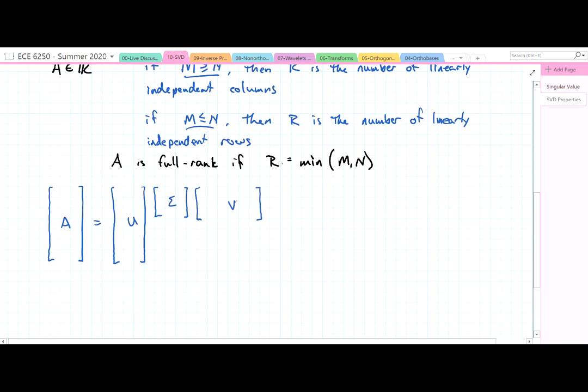So in this example, this might be 6 by 3, 3 by 3, and V would be 4 by 3. So V transpose would be 3 by 4.